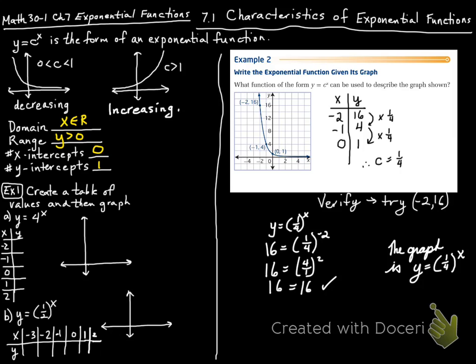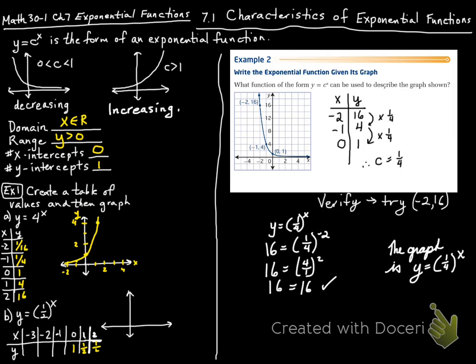Let's finish off our graphs over on example 1. Notice that if x is -2, 4^-2 is 1 over 16. To the power of -1 is 1 over 4. To the power of 0 is 1. And if you plot those points, you're going to get that graph.